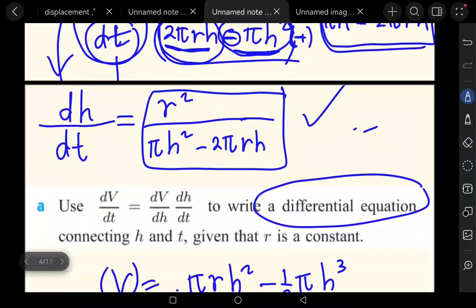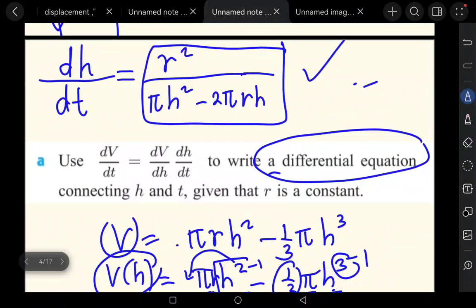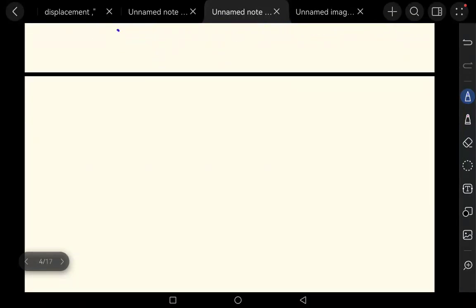That's all done. So it's a differential equation connecting h, t, and r. So it's answered. Keep this one, it's going to be useful for the next question. Let's go to part B.